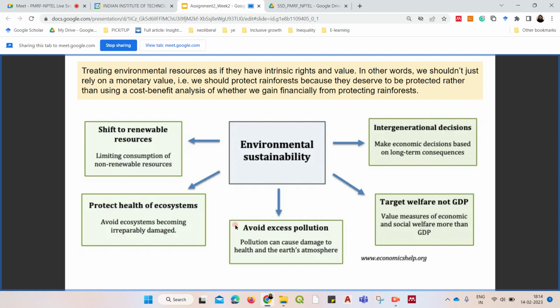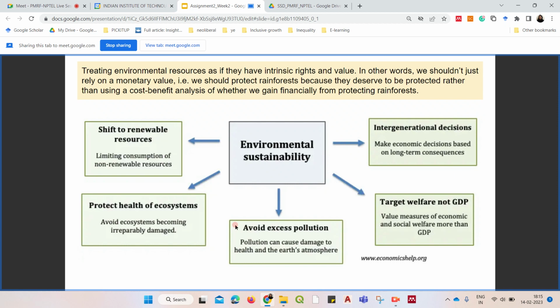So there are several aspects which are linked to environmental sustainability, and the question pertains to that only. You would have studied this diagram in the lecture, and it tells you about the key aspects which are linked to environmental sustainability.